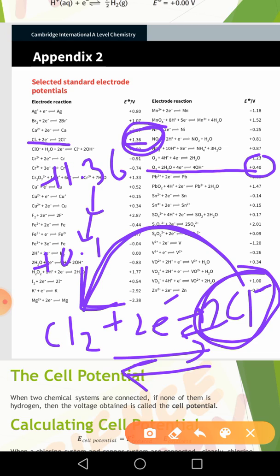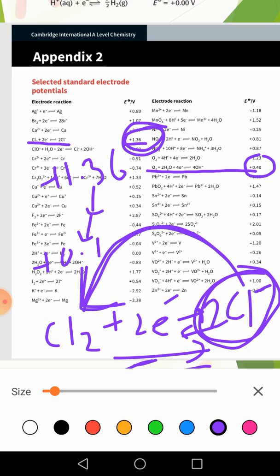Okay, that means a very small amount of reduction of chloride is occurring because the equilibrium now mostly lies to the left because of the very high concentration of chloride. So the electrode potential value has reduced because less reduction is occurring, and it has even become less than that of the hydroxide ions.